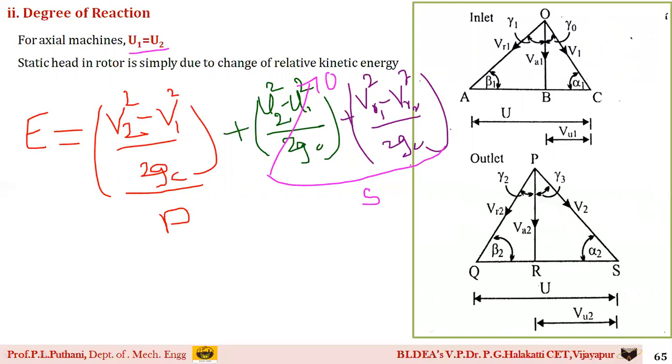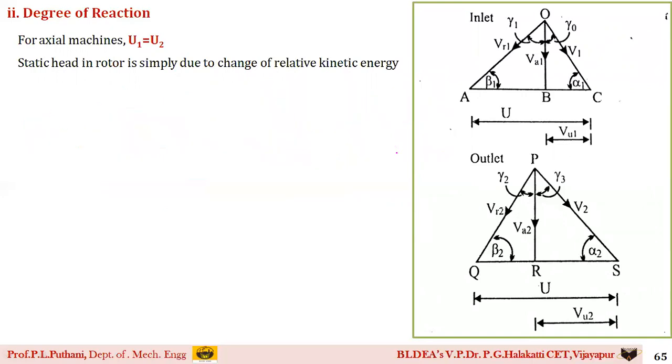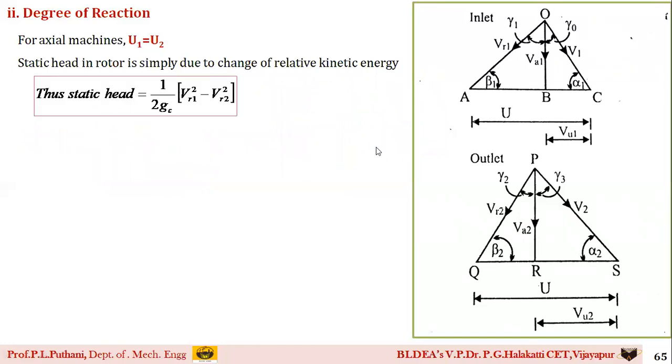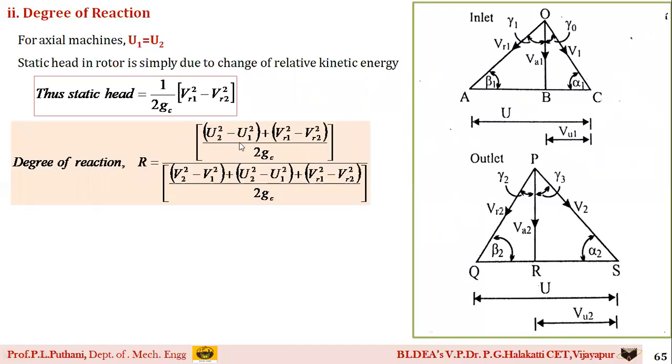Then we have only one static component, the relative kinetic energy component, which is the static head responsible for the change of relative kinetic energy. Our degree of reaction equation is the static head divided by the total energy of the device.